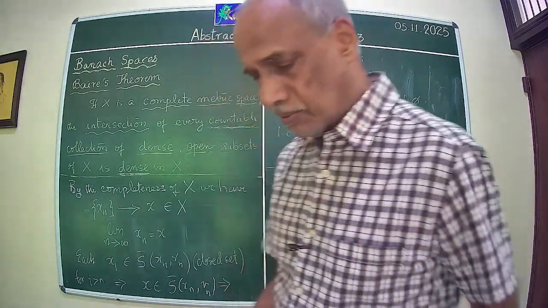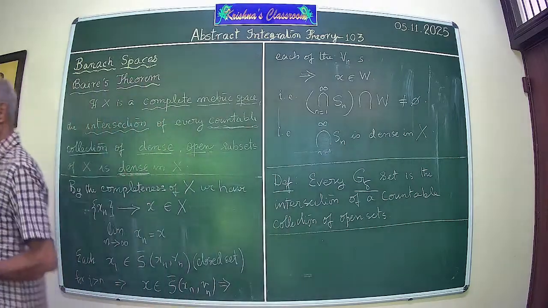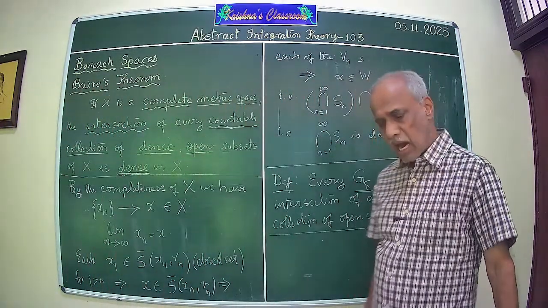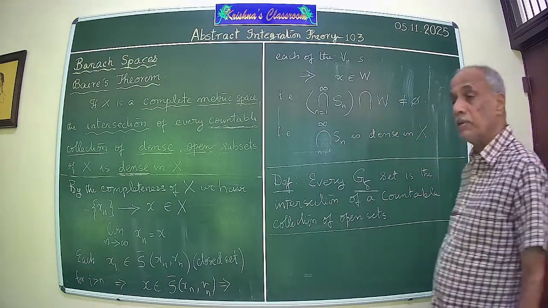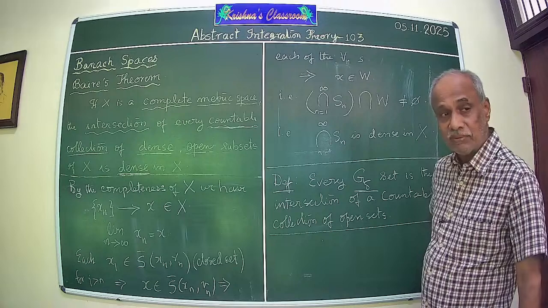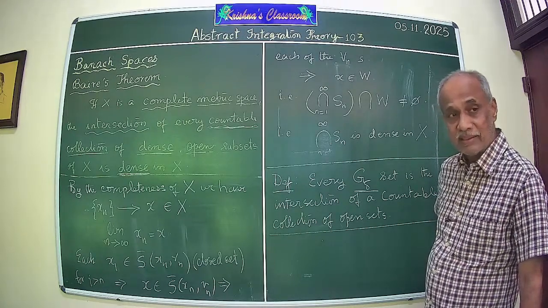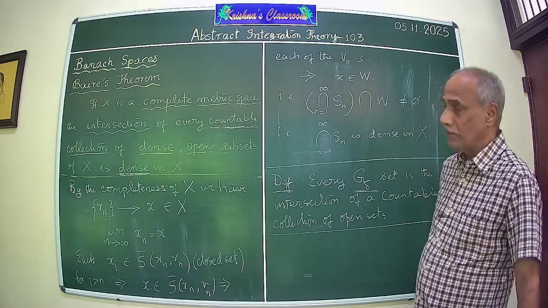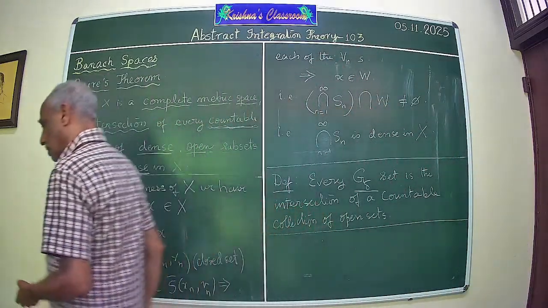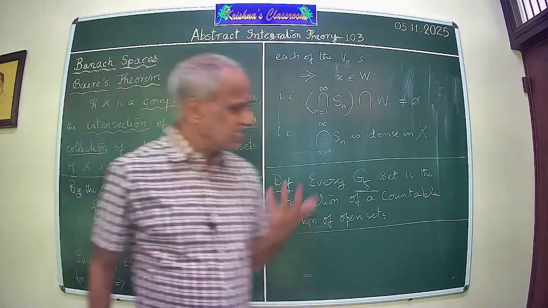Now in the definition of the topology, what we have is this: arbitrary union of open sets is open, but finite intersection of open sets is open. And countable or an arbitrary intersection of open sets may not be open. It's a very simple example.